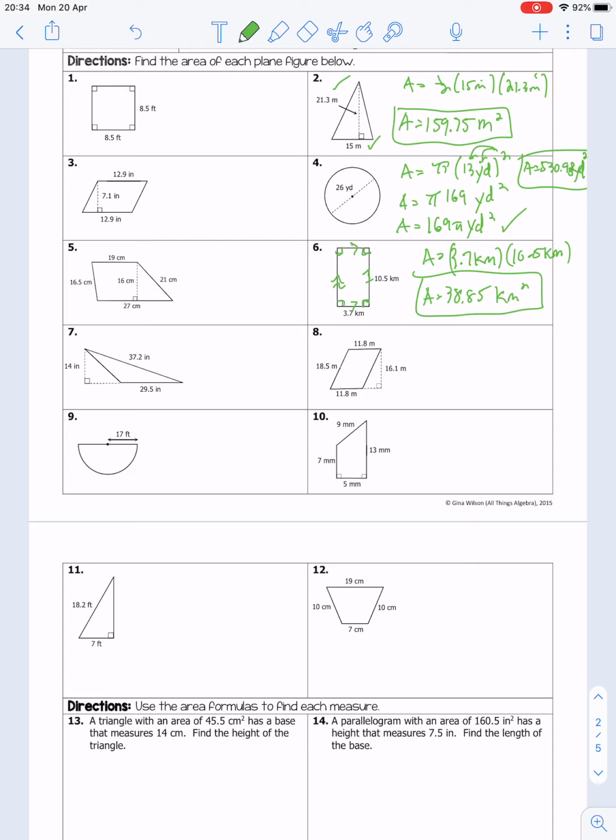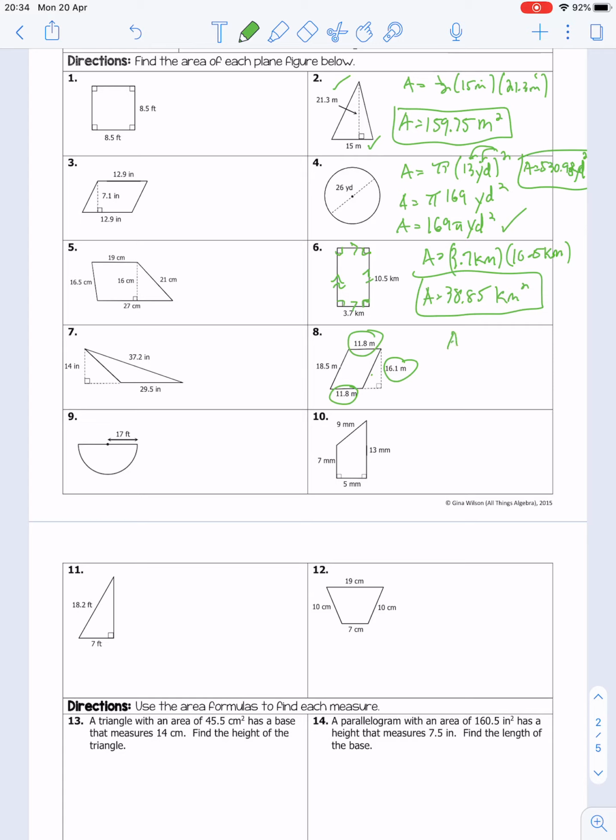Number 8 is a parallelogram. How do we know? Because opposite sides are equal. And so now we know our height because 16.1 is perpendicular to our base. And now we just use our regular formula.